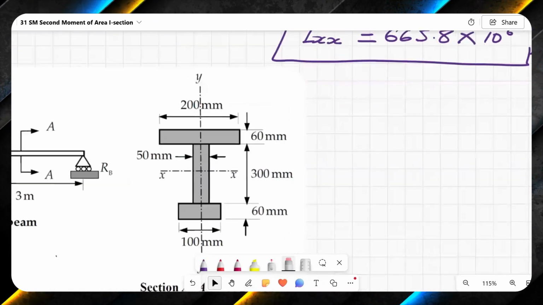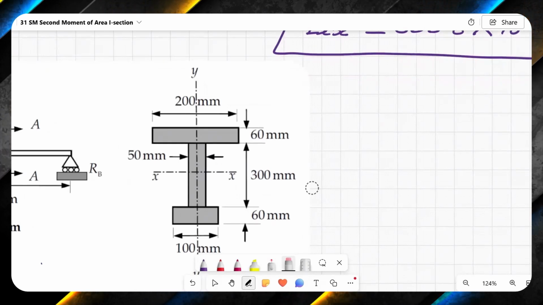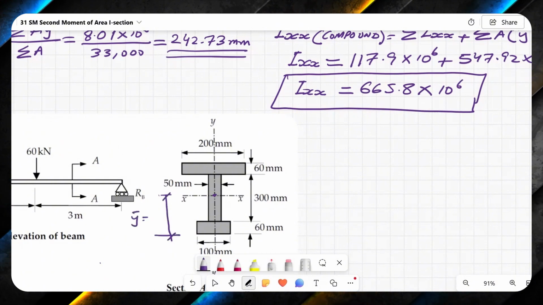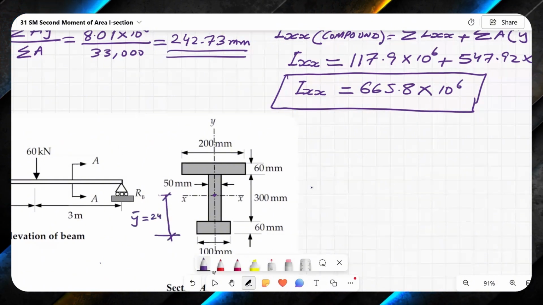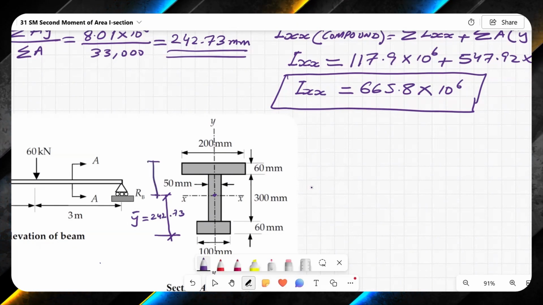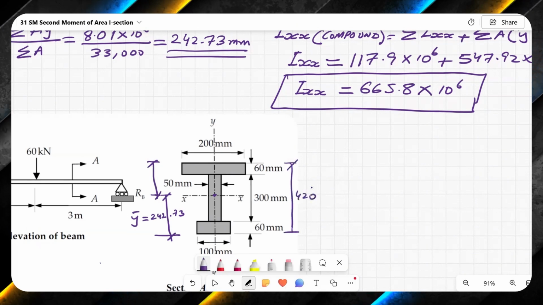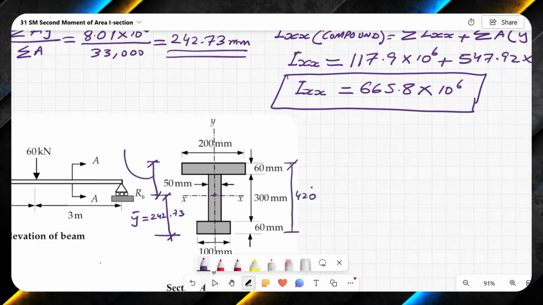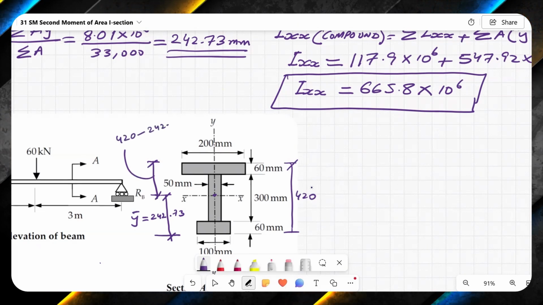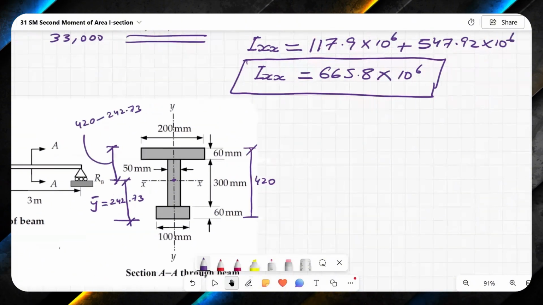Y bar is the distance from bottom fiber to centroid, which is 242.73. If I wanted a distance from the top, then it will be this entire distance, which is 420, so from top fiber it would be 420 take away 242.73.